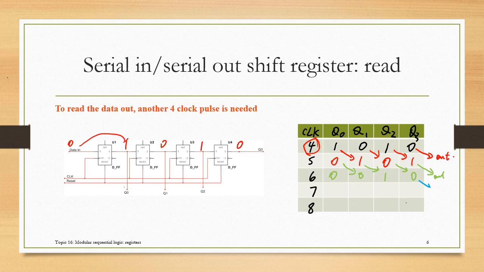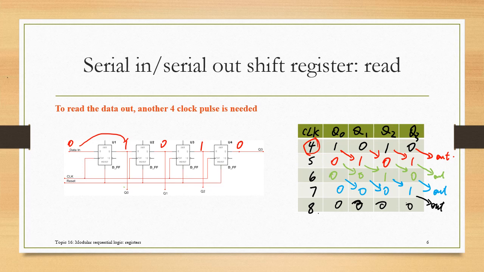At the next cycle, this will be out, this will shift to here, this will be here, here, here. Finally, this will be out, and we have 0, 0. So now we need 5 to 8, another 4 cycles to read the data out.